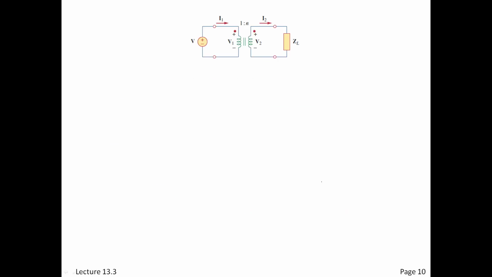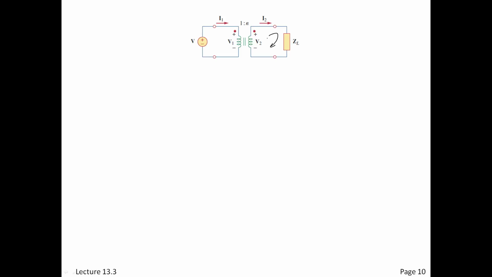Okay. So now we've got this ideal transformer, and we're putting it in a simple circuit. We're going to put a power supply on the front end and an impedance load on the second. Now notice in terms of our typical indications, we're back to saying I2 flows out.